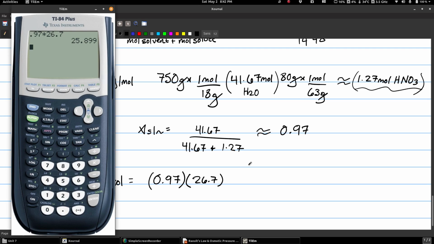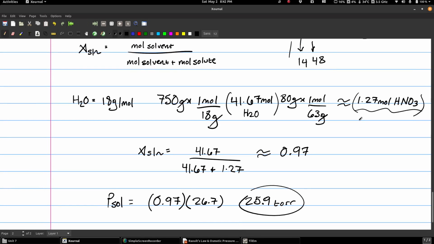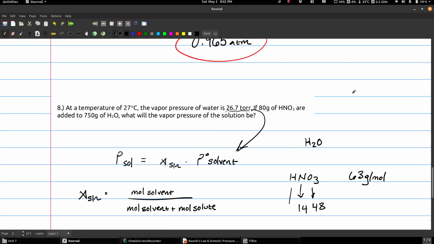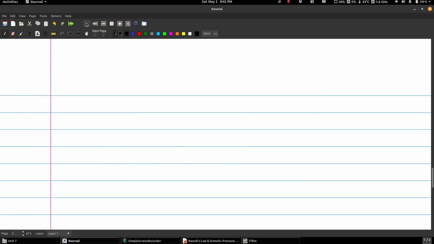So your vapor pressure should drop down to about 25.9 torr, which is a drop of 0.8. It's not a ton, but you can see the effect that has. Alright, so if you need to copy this, pause it. The other last thing I was noticing was from acids and bases.